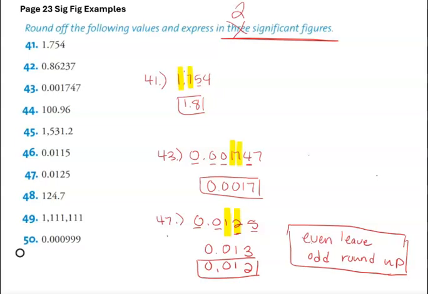The last one let's do is 48. 48 is 124.7. And again, we're looking for 2 significant figures rather than 3. So we don't have any zeros in this number.